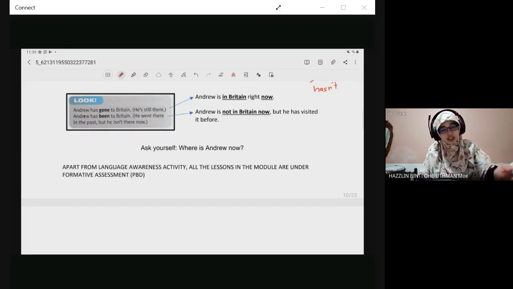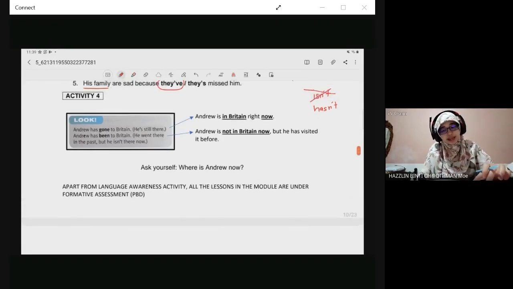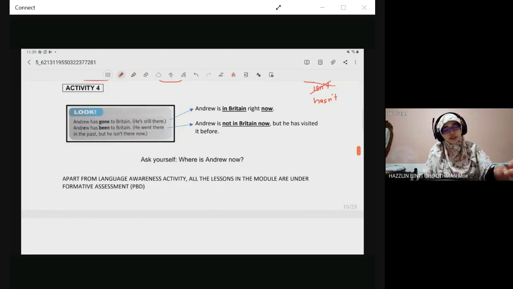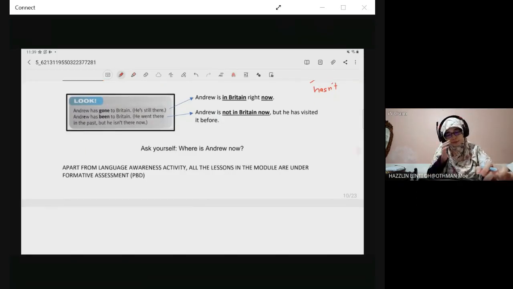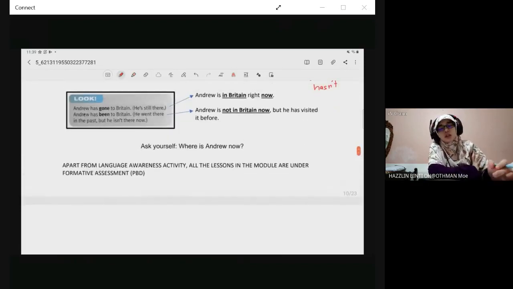Okay, let's continue. In activity 4, we are going to learn about "gone" and "been". Let's look at the sentence first. The first sentence: Andrew has gone to Britain. That means that he, Andrew, is still in Britain.